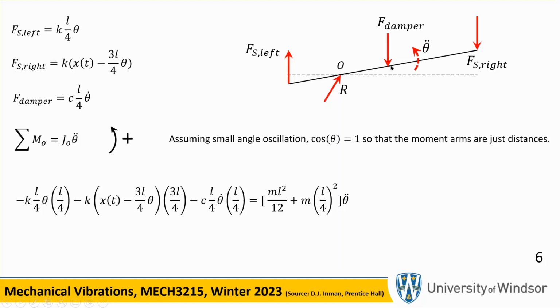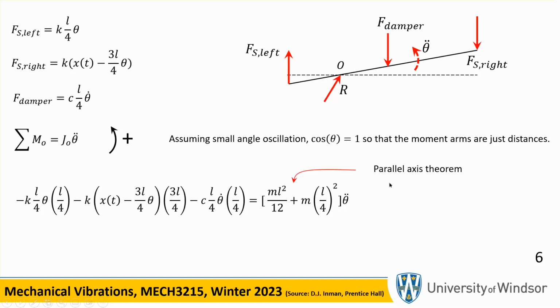But because we're talking about the point O, we have to take the parallel axis theorem. So the mass of the rod times the distance from the center of mass, which is exactly halfway, to the point O squared. This is the parallel axis theorem.